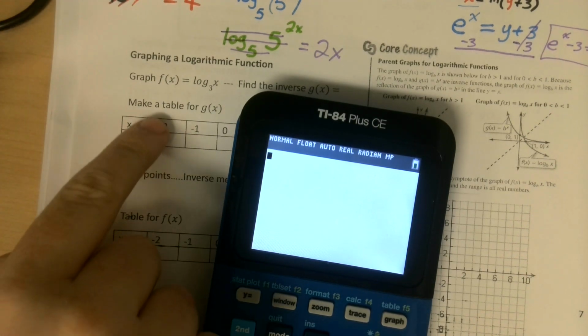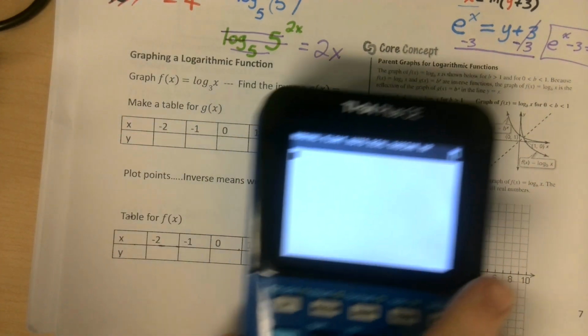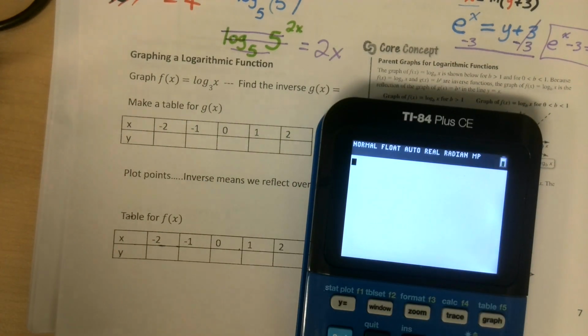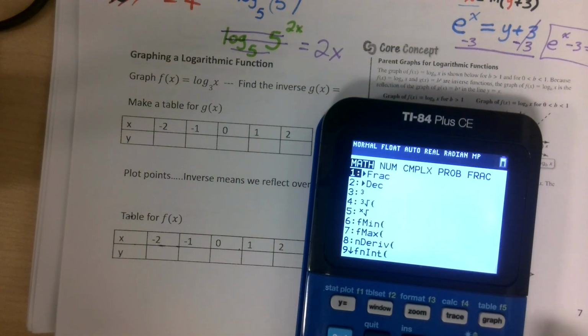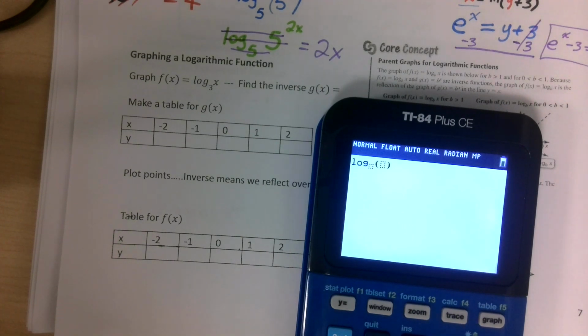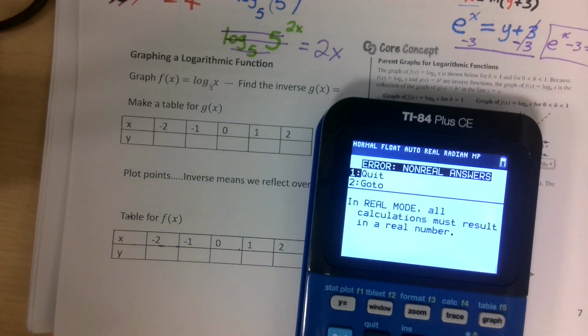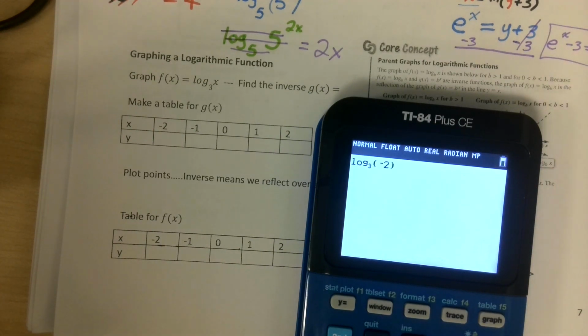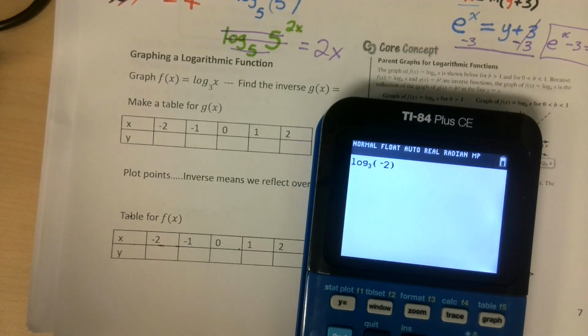We see that we have a table here with x equals negative 2. Maybe I just type in log base 3 of negative 2 and see what y value pops up. Log base 3 of negative 2 equals, oh gosh, non-real answers? Well, recall what a logarithm is, everybody.